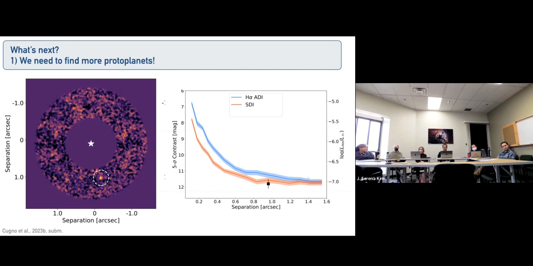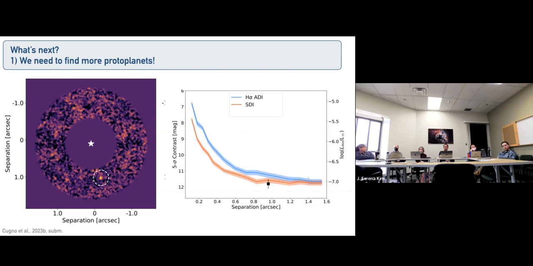We can see that, especially at small separation, the contrast really improves a lot with the spectral differential imaging step. This is because we suppress the PSF already at the beginning, even before doing ADI.